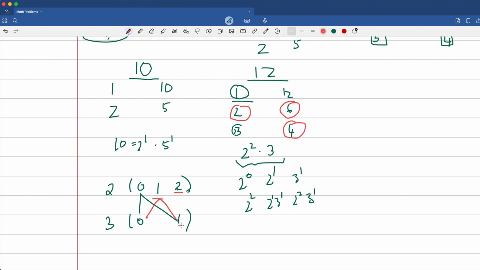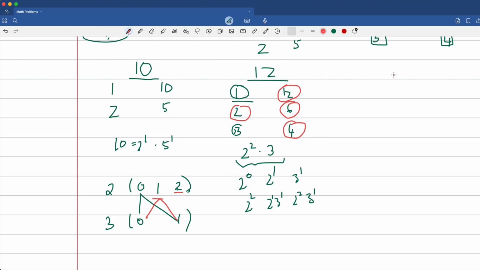And 2 square into 3 power 1 gives you 12. So in other words, if I list down the factors, I can find anywhere between 2 to the power 0 till 2 to the power 2 and multiply it with the other prime factors.